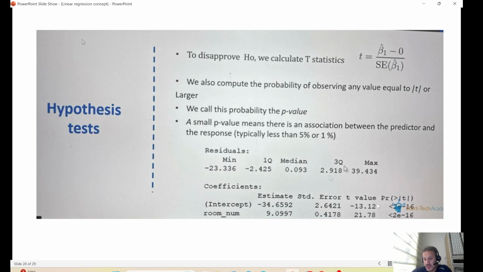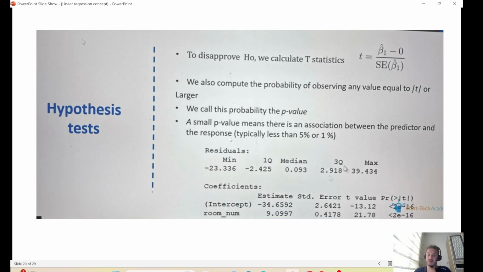After that you will see the p-value, the probability value. From the t-value we calculate the probability of observing any value equal to t or larger. We call this probability the p-value.